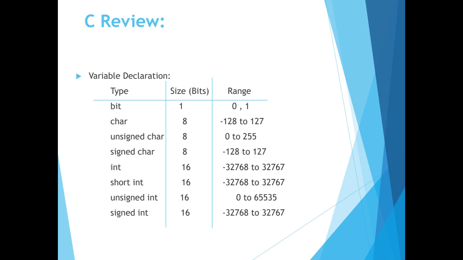Now I want to talk about the variable declaration, and then I will introduce the different applications or software which are required for this course, and then I will finish this session. As you see here, we have a variable declaration: bit, char, unsigned char, signed char, int, short int, unsigned int, and signed int.